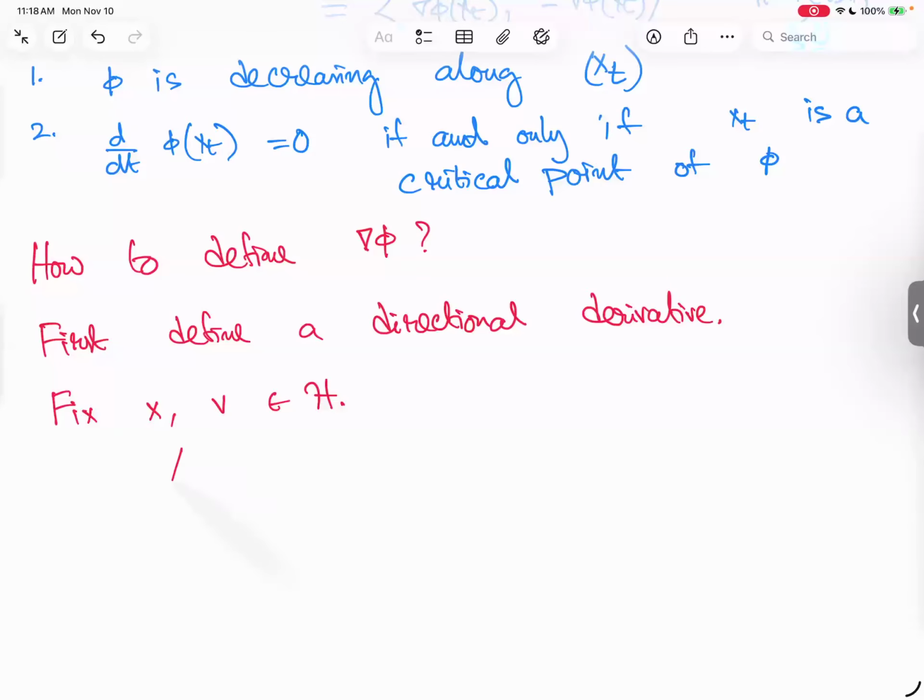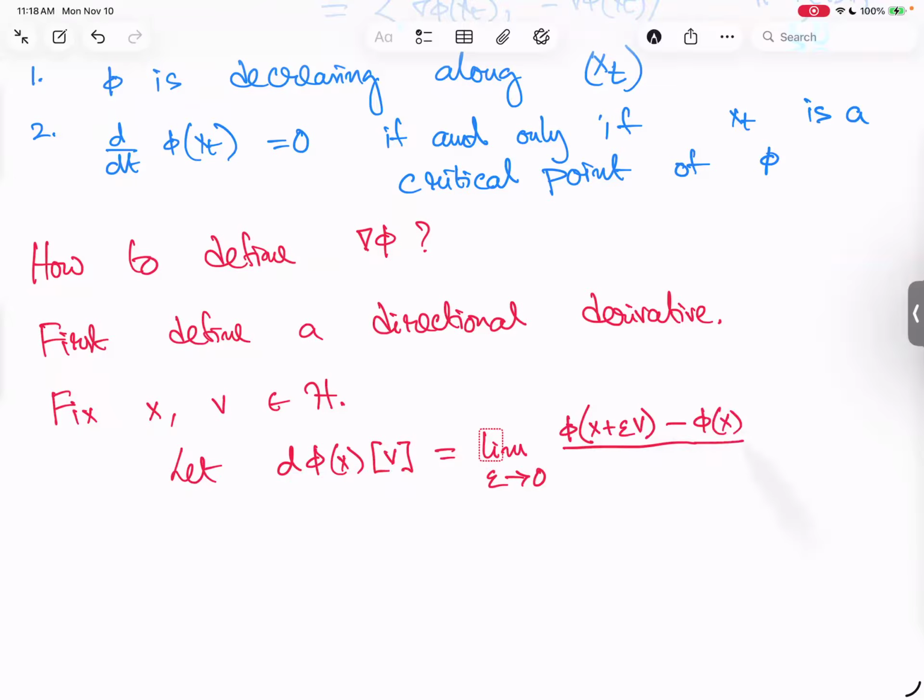Let d phi of x in the direction of v be defined in the following way. This is the limit as epsilon goes to 0 of phi of x plus epsilon v minus phi of x, divided by epsilon. Sometimes you hear the word Gateaux derivative.